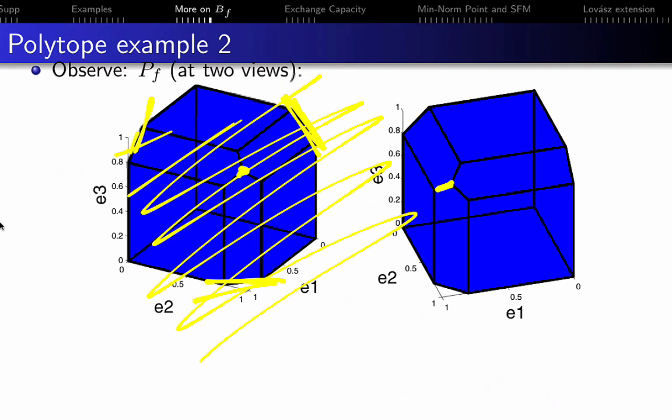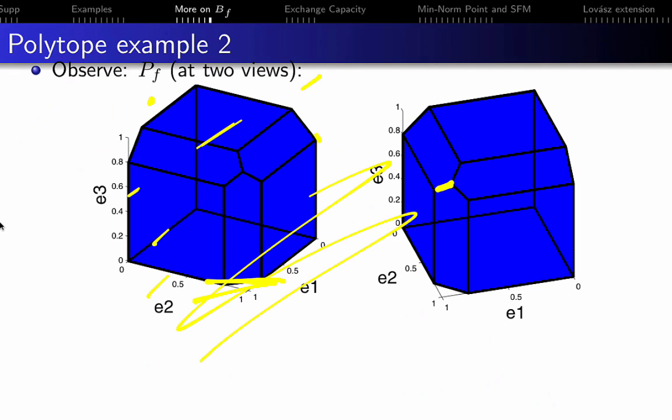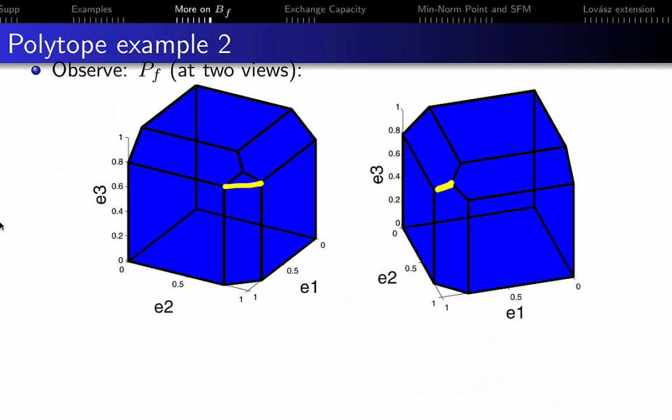If we changed it so that the base looked like something more like this, meaning it's not that the triangle is gone, it's just the yellow thing, then it would be a submodular polytope again.